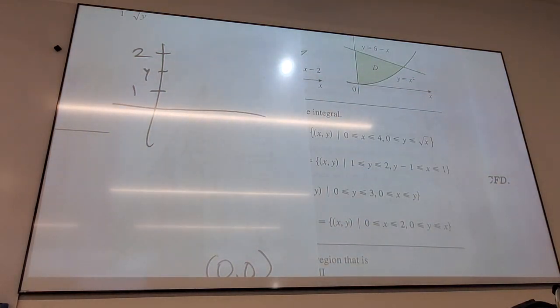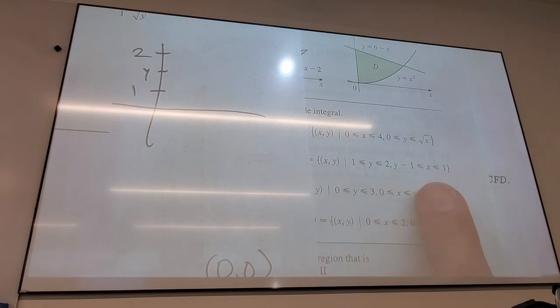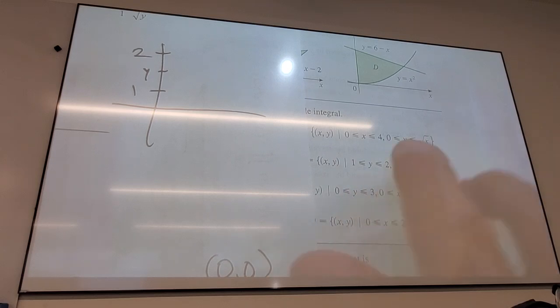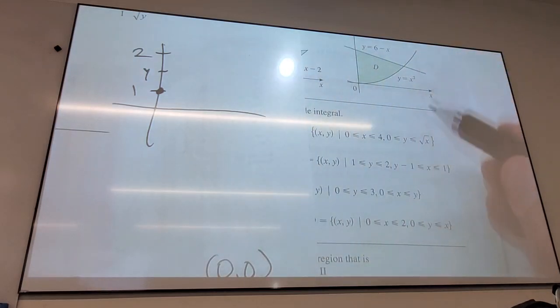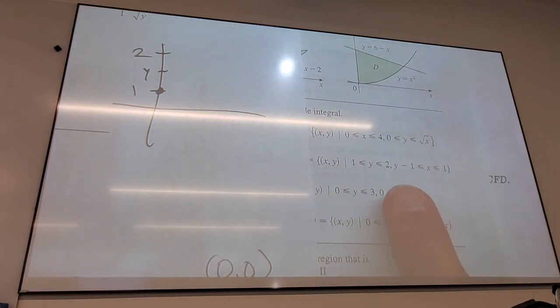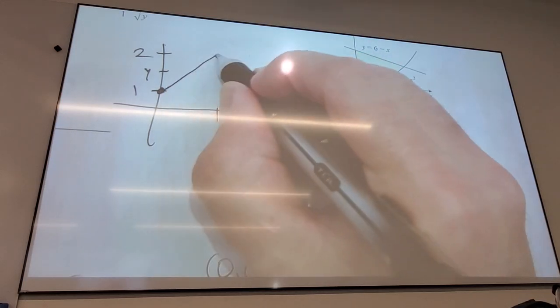What's the lowest y can be in this problem? 1, because it told me. It's one of the first things it told me. When y is 1, what is x? 0. Good. So when y is 1, x is 0. When y is 2, x is 1. So that's how I got that one.